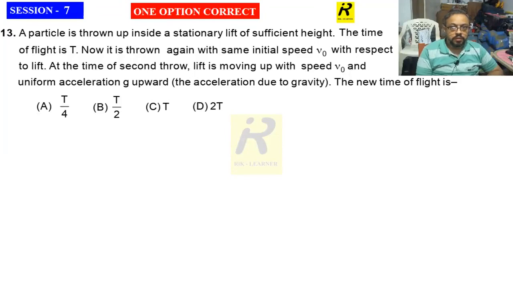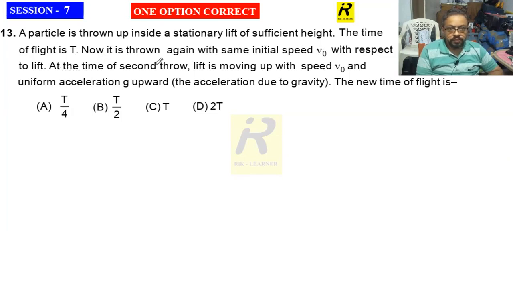So here in this question, a particle is thrown up inside a stationary lift of sufficient height. The time of flight is T. Now it is thrown again with the same initial speed v0 with respect to the lift.